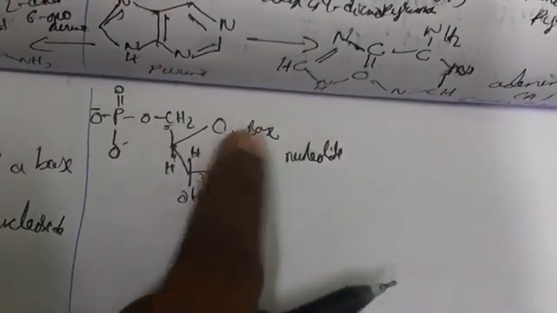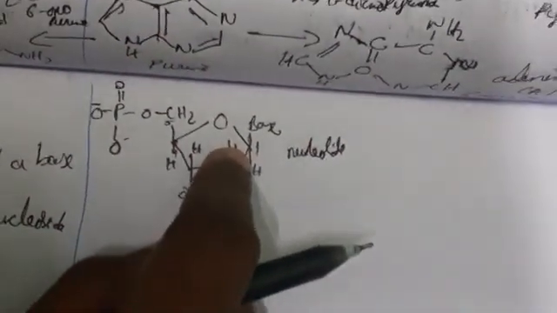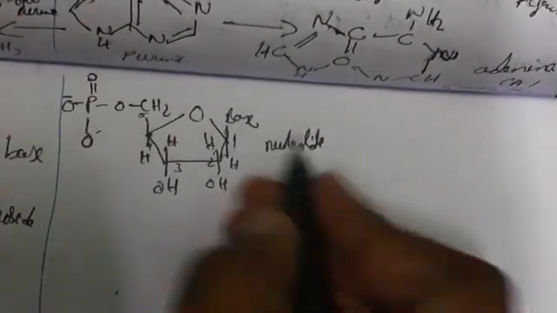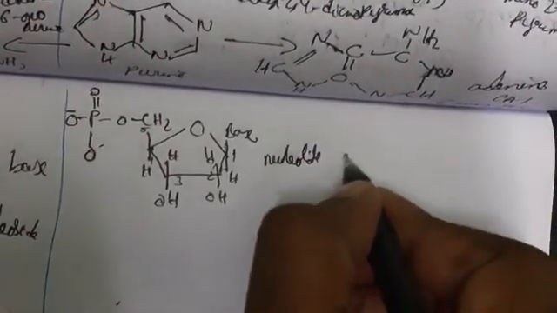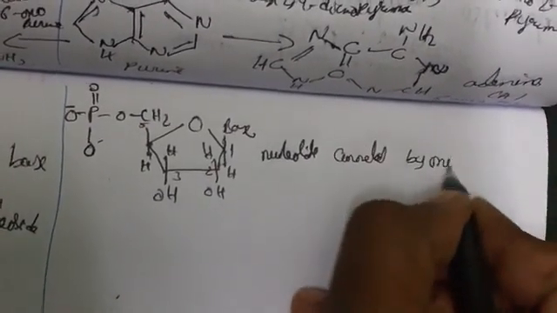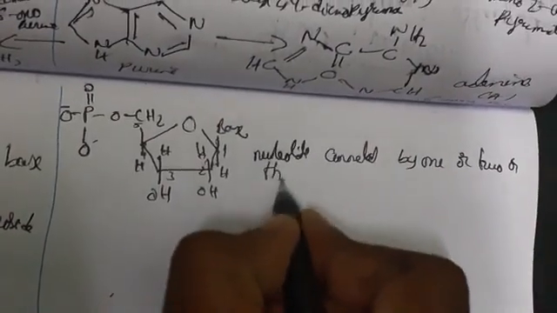A nucleotide can be connected by 1, 2 or 3 phosphate groups at the 5'-OH of the nucleotide.